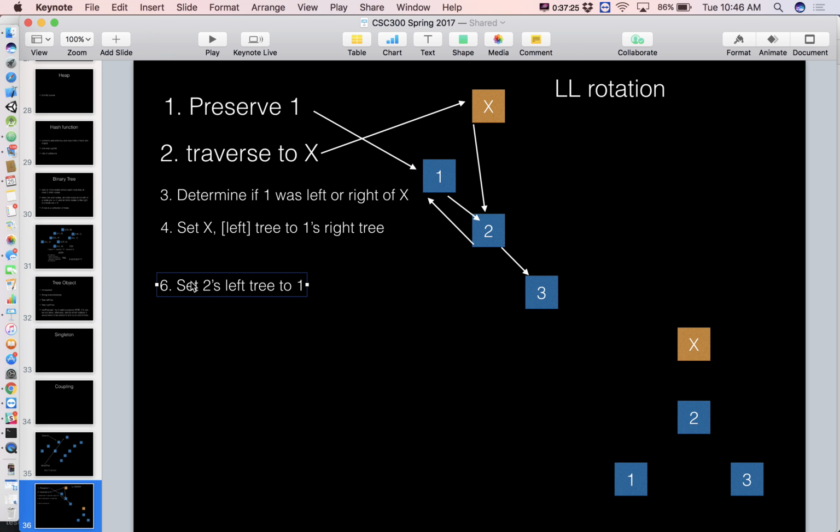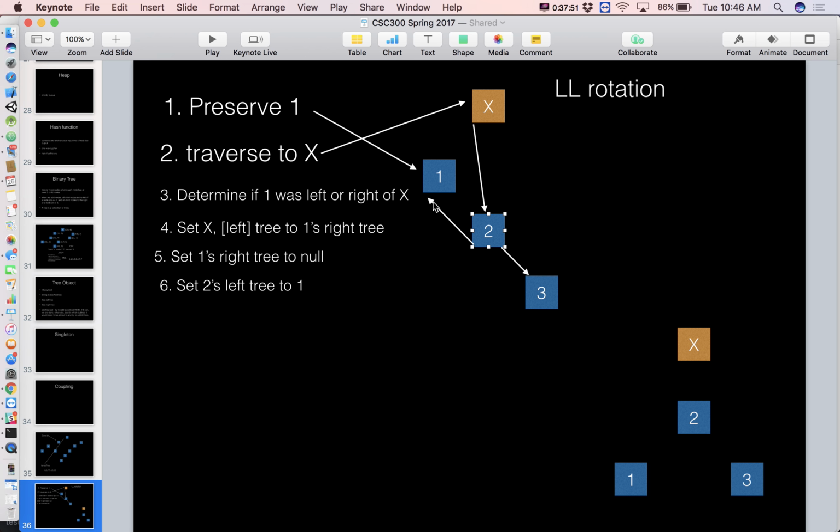All right, so we'll go ahead and say set 1's right tree to null. So that guy goes away. 2's left tree is now 1.